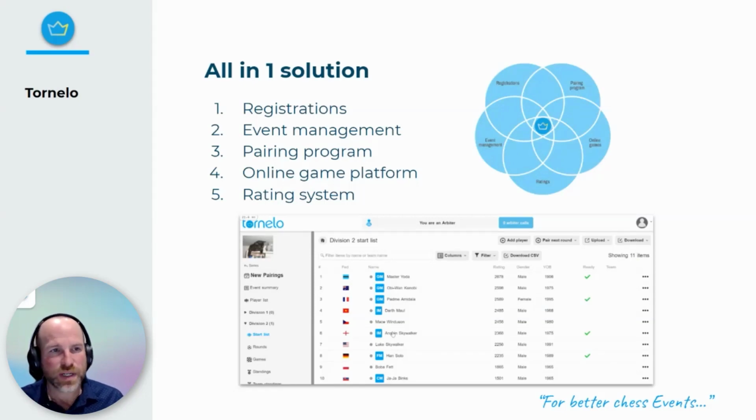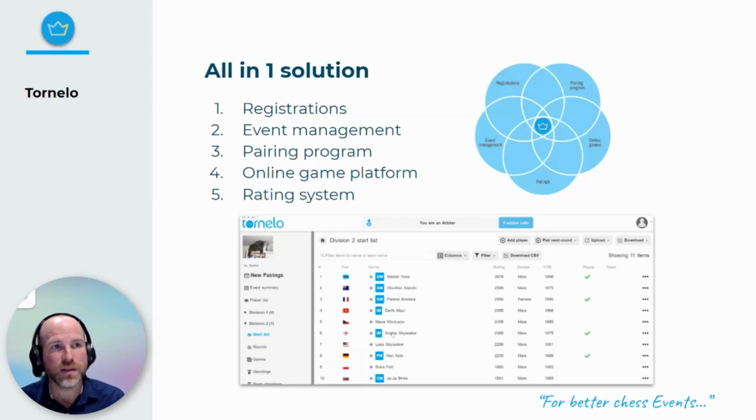We start with registrations and payments. We do event management, which includes everything through to fair play processing. We have a pairings program that can manage pairings in Swiss, round robin; you'll see all the different types of pairings that we can do. We've got the actual online games, which means that you can be playing a face-to-face tournament over the board and have one or two people playing online.